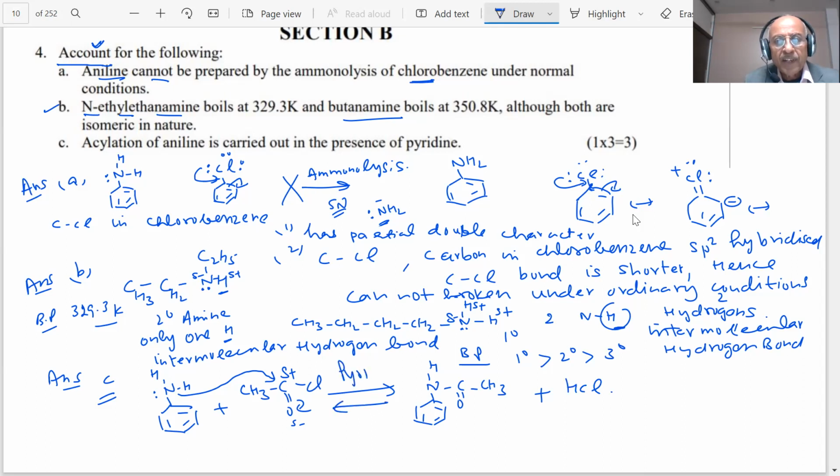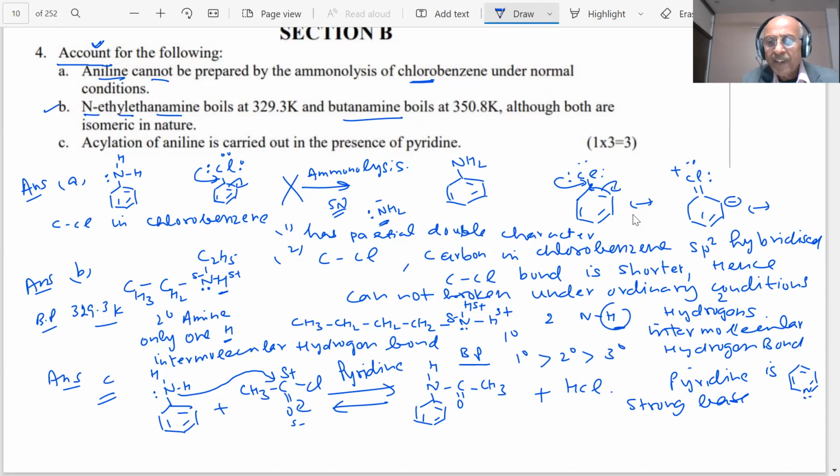Why is the pyridine added? Pyridine is a strong base, stronger than aniline. You know the structure of pyridine, students? This is the pyridine. This is a stronger base than aniline.